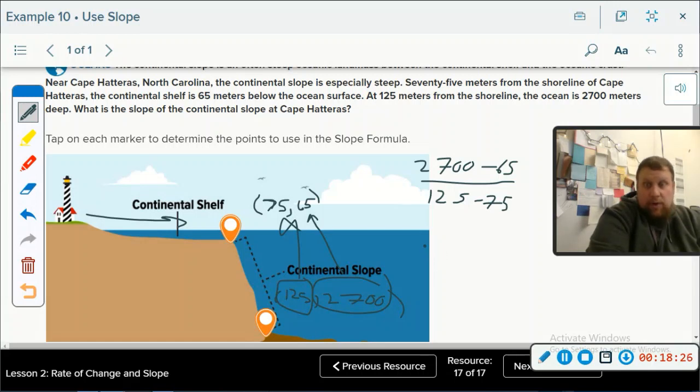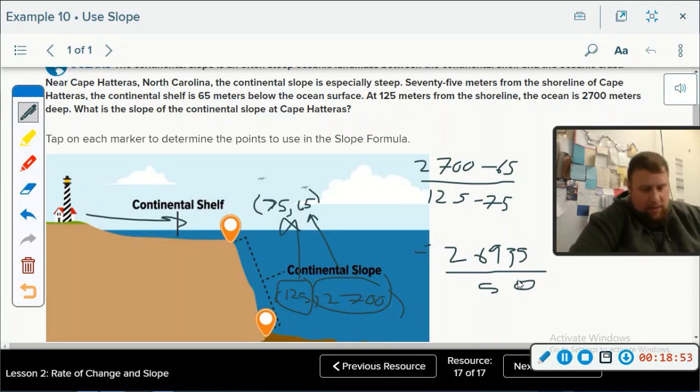So this is going to equal 2,600, 935, and that is all over 50. So I'm going to get out my handy dandy calculator.